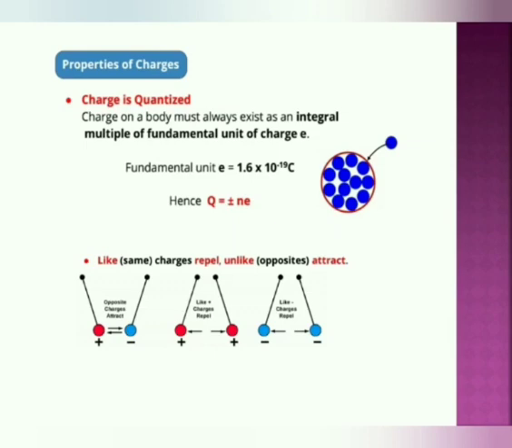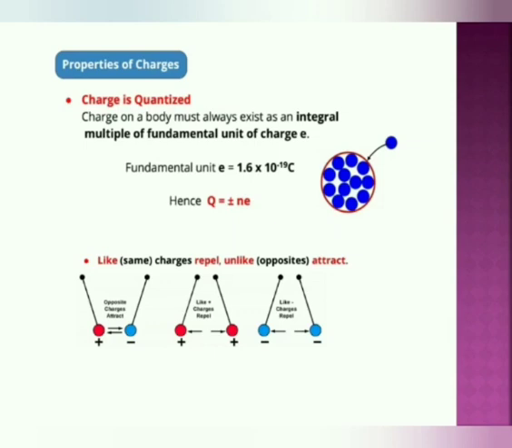For example, if I ask you to count the number of students, you will count 1, 2, 3, 4 and so on, but you will never say 4.5 or 5.5. In the same way, charge always exists in whole numbers, but there can be cases when we talk about quarks, which have charges +2e/3 and -e/3.